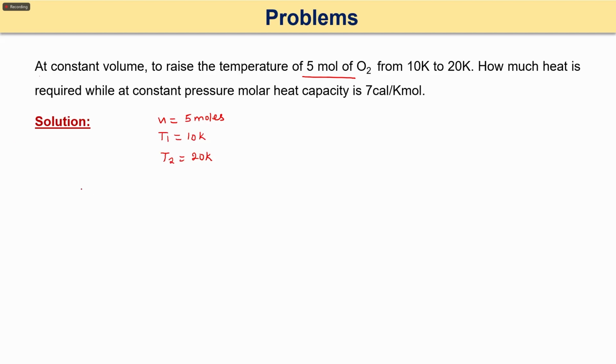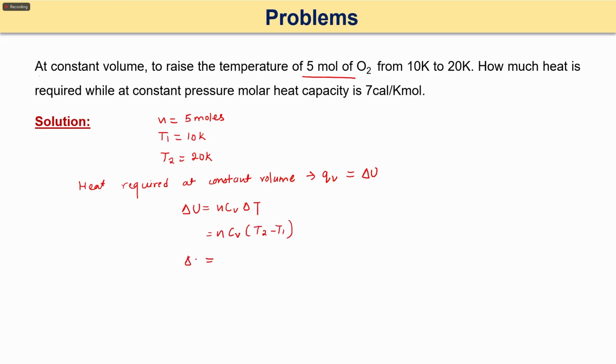So heat required at constant volume is QV, and we know that QV is equal to delta U. And we have already calculated in the previous problem that delta U equal to n CV delta T, which will become n CV into T2 minus T1.